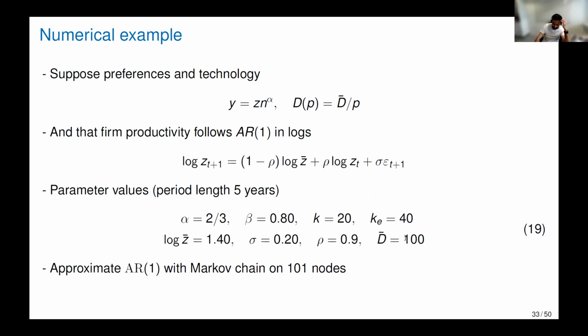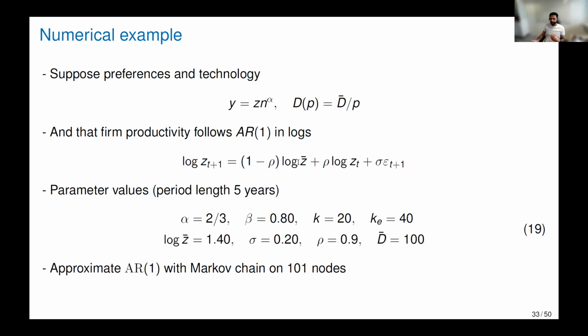I will approximate this AR1 process in 101 or 100 different levels. Remember, this productivity is a distribution. It's a continuous, infinite dimensional object. But when you solve it numerically on the computer, you have to discretize the productivity distribution.